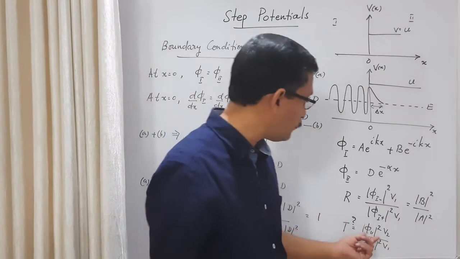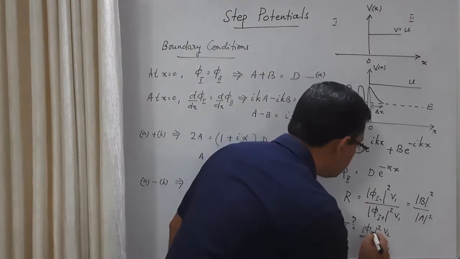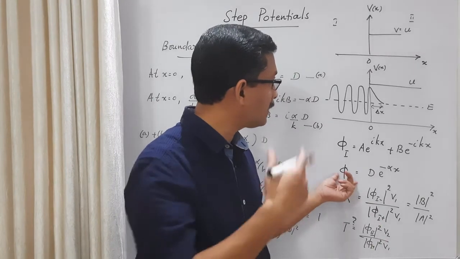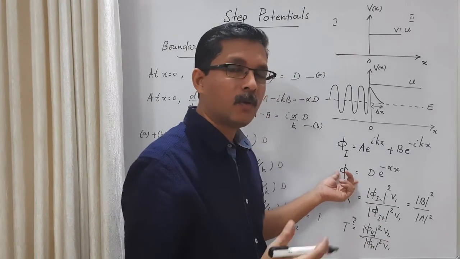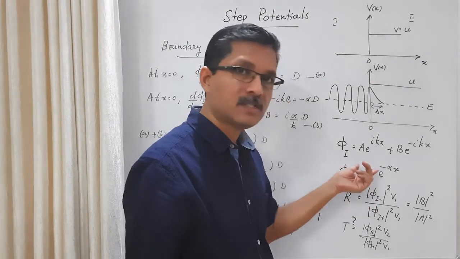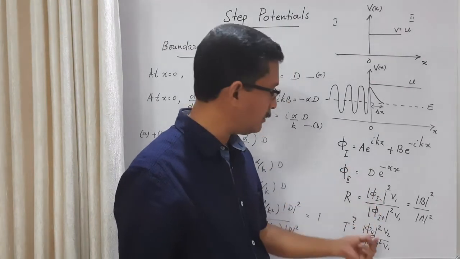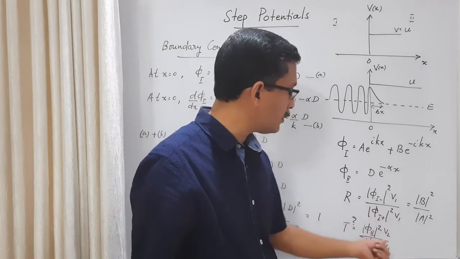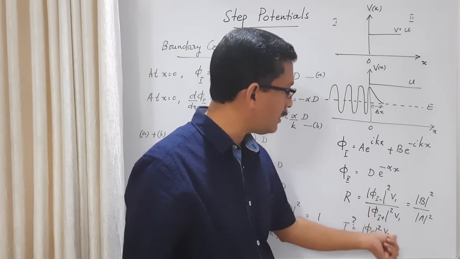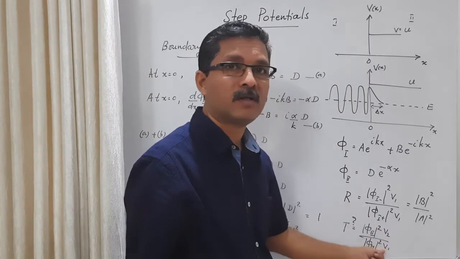We know that phi 2 square is the probability density in region 2, probability per unit length, and v2 is velocity, distance by time. So phi 2 square is proportional to number density, and the product must be proportional to the number of particles per unit time.